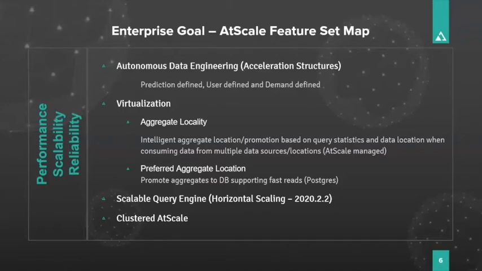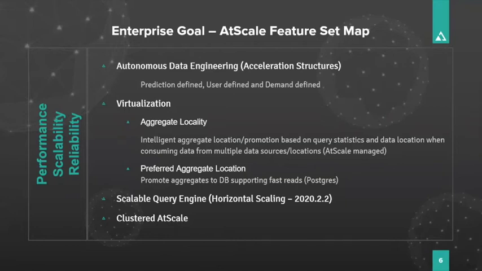What we mean by aggregate locality is, like in the previous slides where I was talking about big data and cloud, people are still trying to evaluate how they're going to move data from big data to cloud. Can they do a hybrid approach? Regardless of how you end up architecting your solution, this key feature, aggregate locality, will allow you to still get the performance you need.